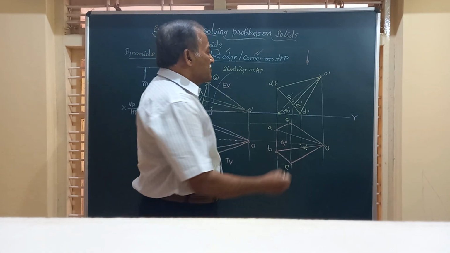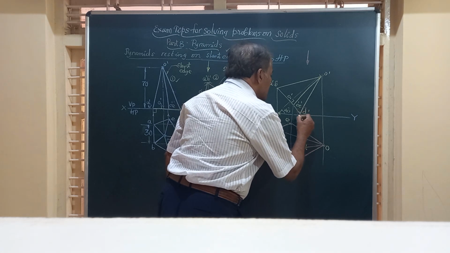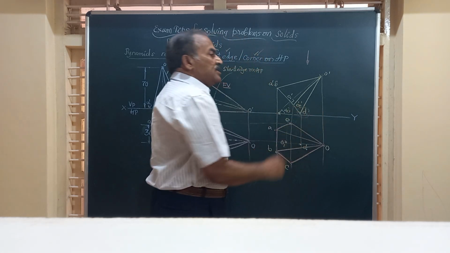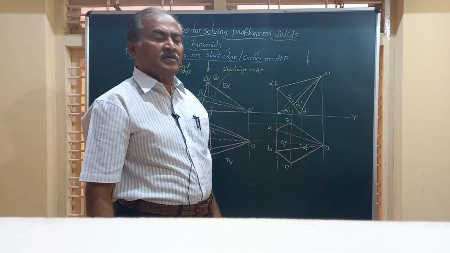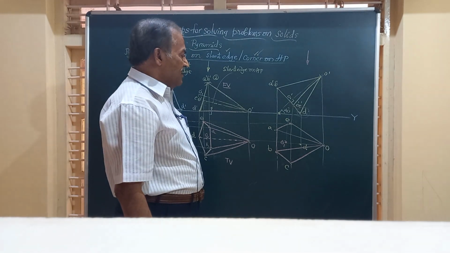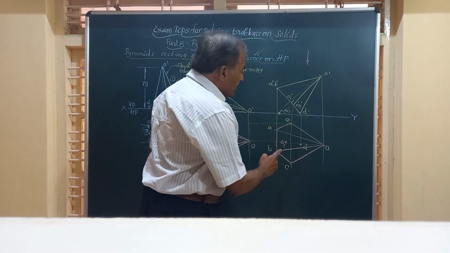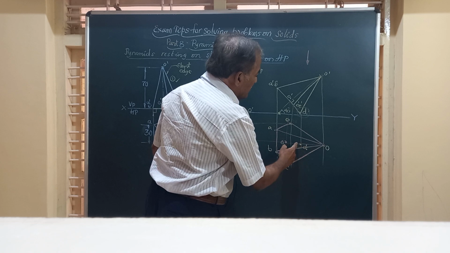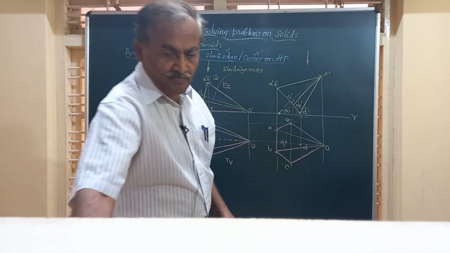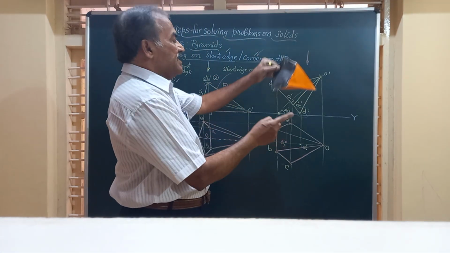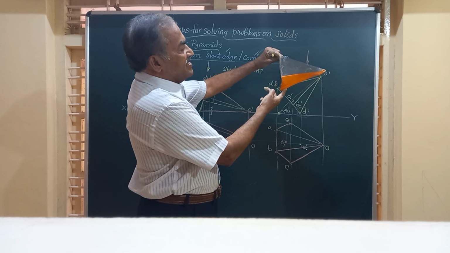Friends, you observe here that the solid is resting on D. D is one of the corners of the base of the solid. And friends, now if you want to join this D, I will show you practically. It is resting on corner D, friends.